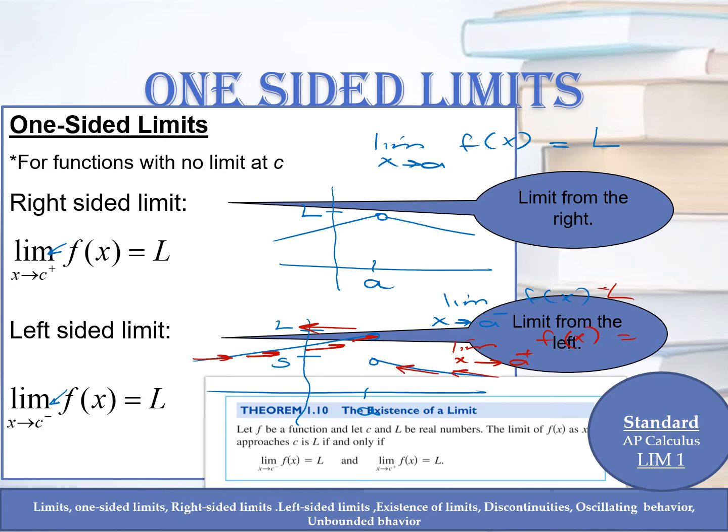If we read this line, this is equal to S. Now the left side and the right side heights are not the same. So in such cases, when we read the limit from both sides, we will say that it does not exist. And why does the limit fail to exist? Because the right-hand side limit is not equal to the left-hand side limit.